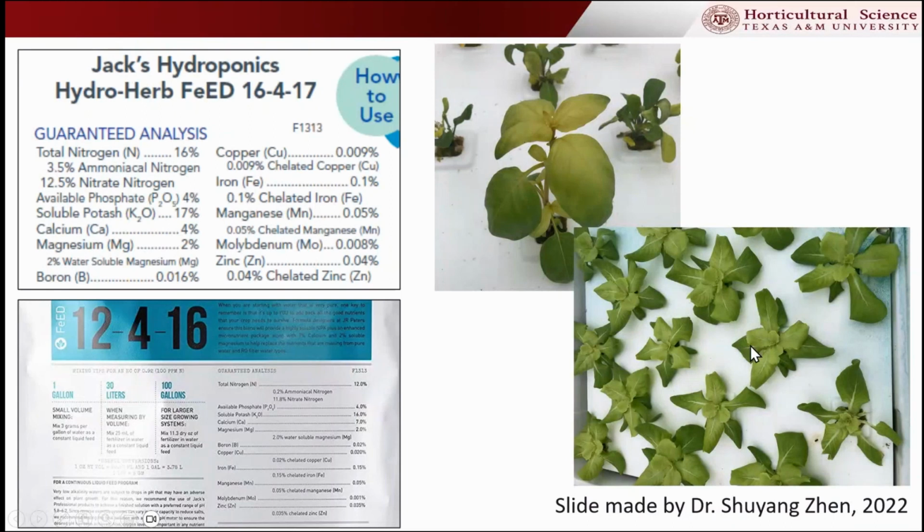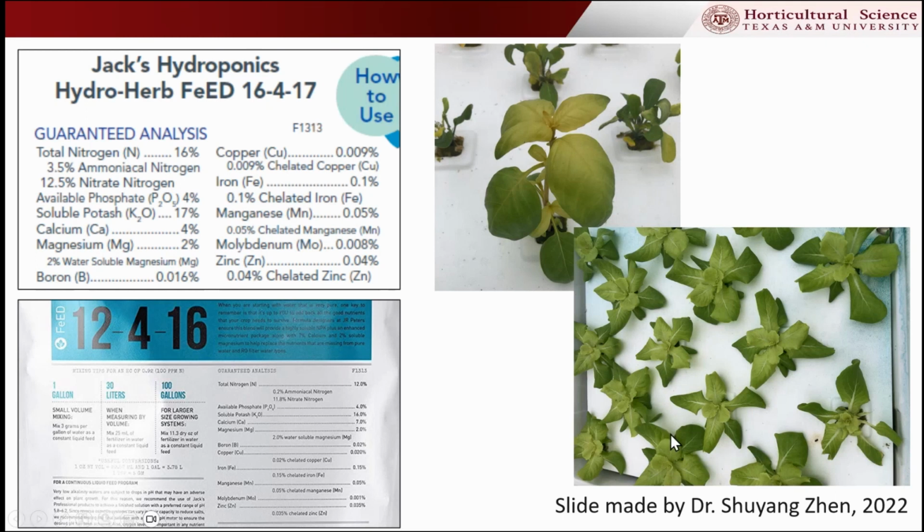So the problem, as we mentioned, might be the missing sulfur, because in this study they used RO water. The RO water has minimum or no sulfur. However, this fertilizer didn't include sulfur either. So as a result, for this experiment, there is no sulfur in the nutrient solutions.